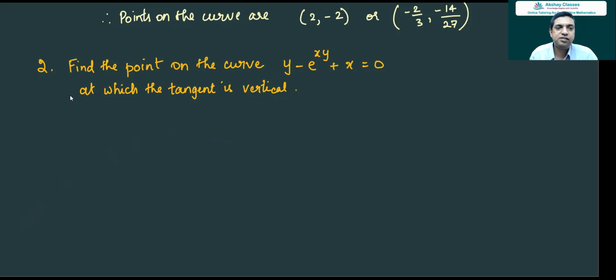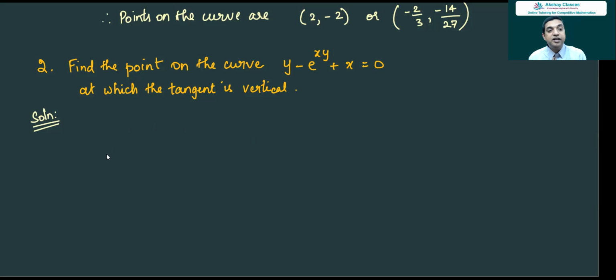How to do this? Vertical tangent means what will be the slope? What will be the slope for the vertical tangent? 0? No, that is horizontal tangent. When tangent is horizontal, the slope will be 0.